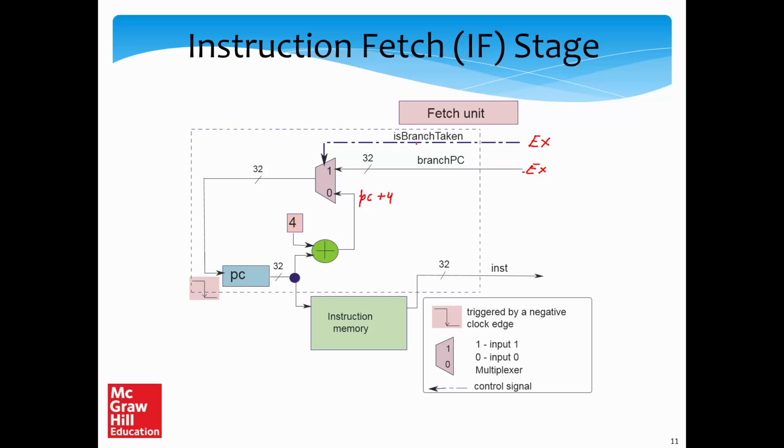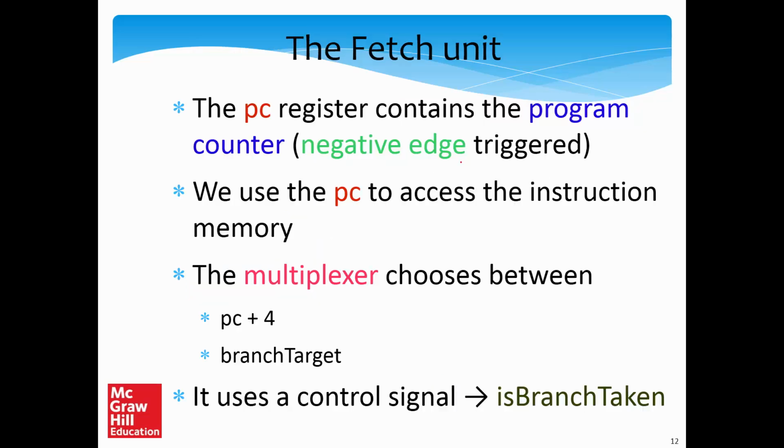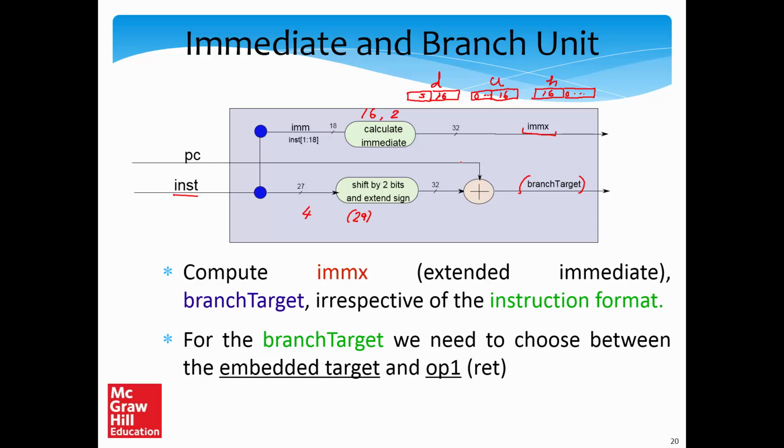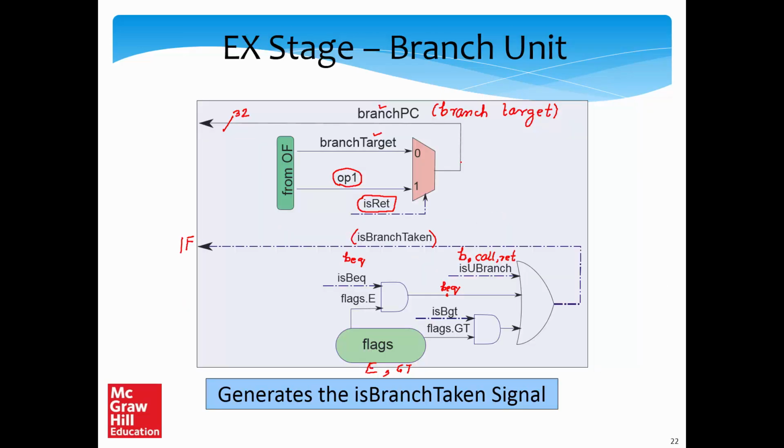We choose between them depending upon this particular signal, which tells us to either choose the default next program counter or choose branch PC. And branch PC is being generated in the EX stage using this multiplexer, based on the values of the isRet signal and data computed from the previous stage, the OF stage.